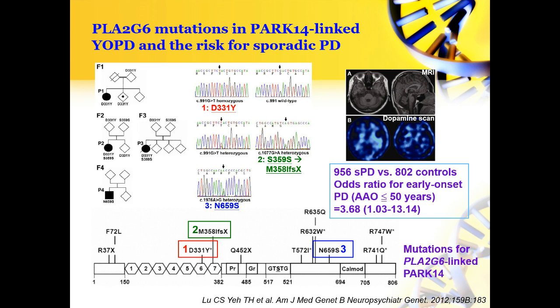PLA2G6 mutations cause PARK14-linked young-onset Parkinson's disease and increase the risk for sporadic PD. I will show you our study from clinical to bench in the following section.